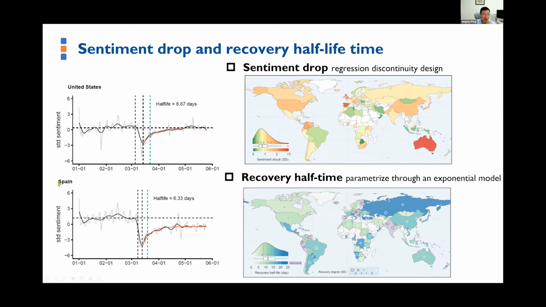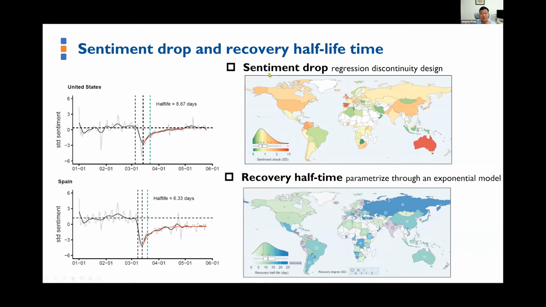But some countries, like Spain, during our study period, their sentiment is still lower than its normal stage. That is to say, Spain is still in the recovery stage of the pandemic. We also label it in purple in this map.